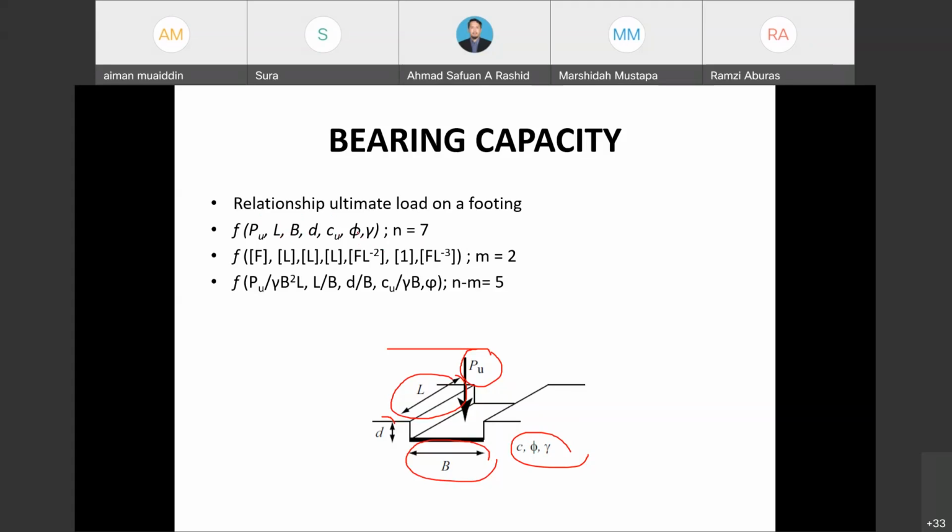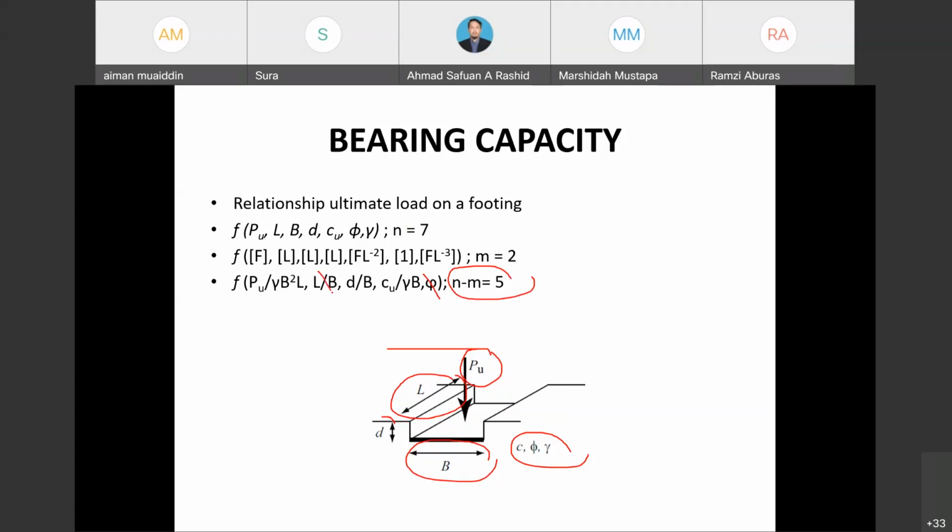Phi refers to the internal friction angle. It doesn't have any primary dimension. And the last one is the unit weight. So 7 minus 2, then we obtain 5. Okay, so we need to derive 5 dimensionless equations. So we need to have 4.